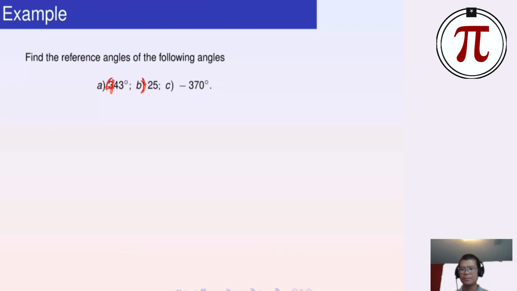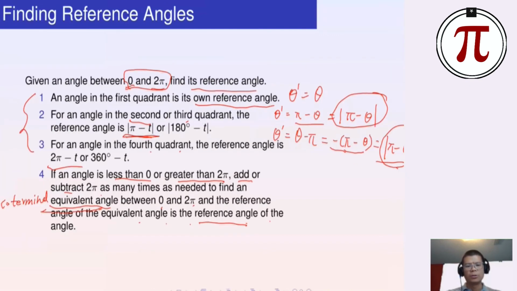So what shall we do? That's going to be our step 4. We've got to find the coterminal angle between 0 and 2 pi. So how do we do that?